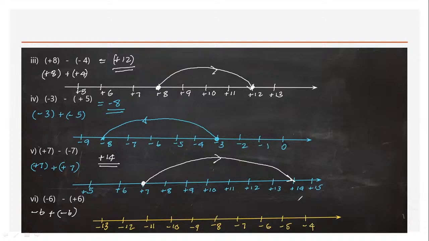First I will mark here minus 6. It is over here. And 6 places towards the left-hand side, right? It means 1, 2, 3, 4, 5, 6. Jump to here. Then the answer is minus 12.